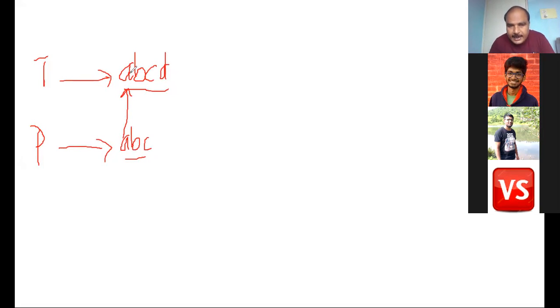When you start comparing, a character of the pattern is matched with a character of the text. If a match occurs, you go for the next character match. Again, if there is a match, go on comparing character by character. So this is the core idea.